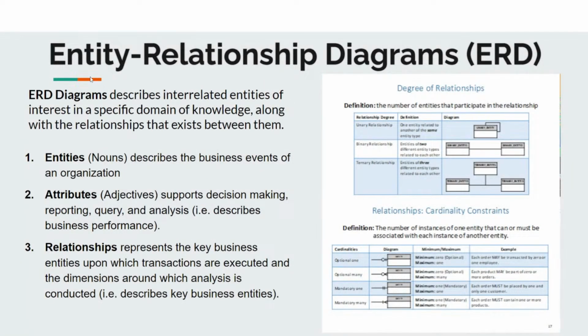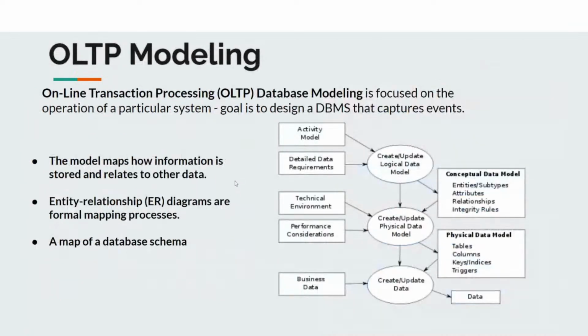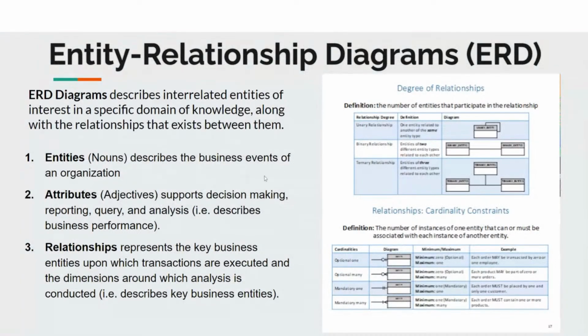Right. So first is the entity relationship diagram. This is a logical model going from conceptual, the highest level, as we start to see a little more detail. We're really defining entities, attributes, and relationships between the tables.